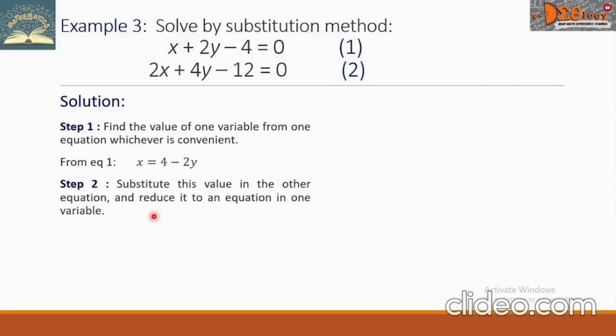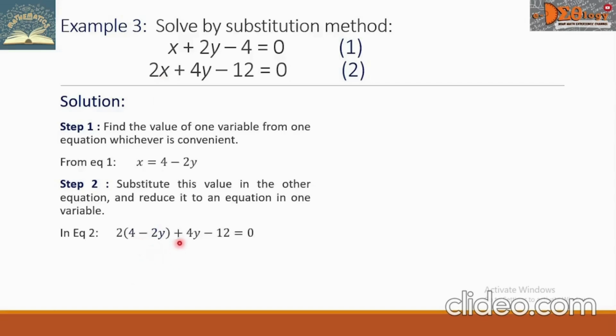Then step 2. Substitute this value of x in terms of y in the other equation and reduce it to an equation in one variable. Our equation 2 is 2x plus 4y minus 12 equals 0. The value of x we will put here as 4 minus 2y. So equation 2 becomes 2 times the quantity (4 minus 2y).